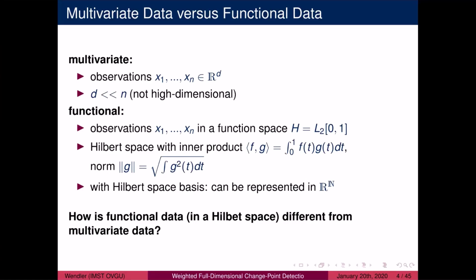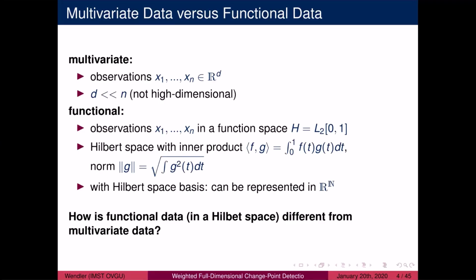So let's concentrate on this L2 space, which I denote by H, because it's a Hilbert space with inner product. The inner product of f and g is the integral from 0 to 1 of f(t) g(t) dt, and the norm is the square root. And when it's a Hilbert space, you have a Hilbert space basis, and you can identify this with R to the power N, like the natural numbers.